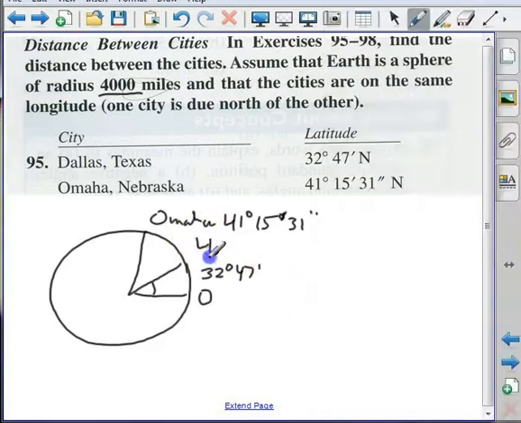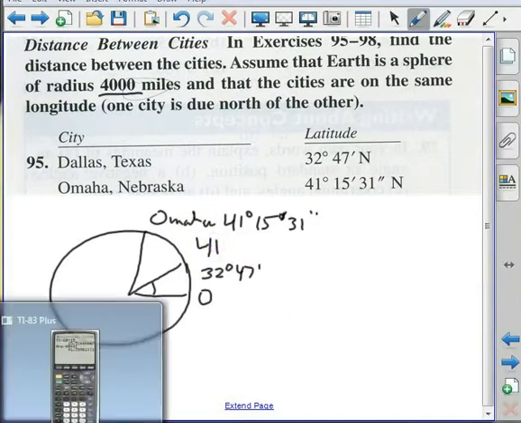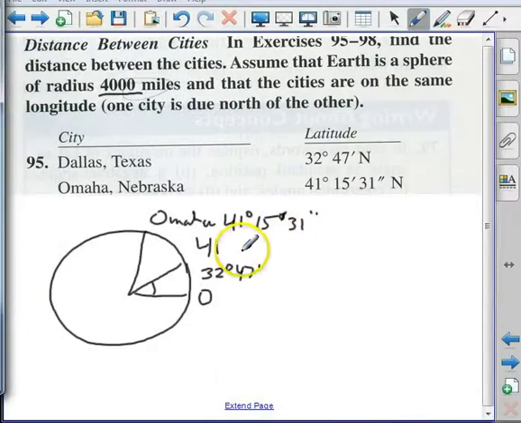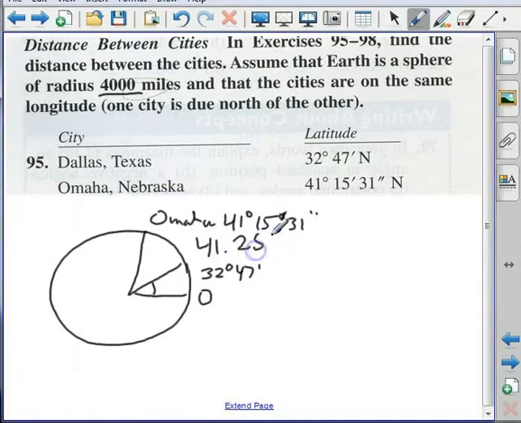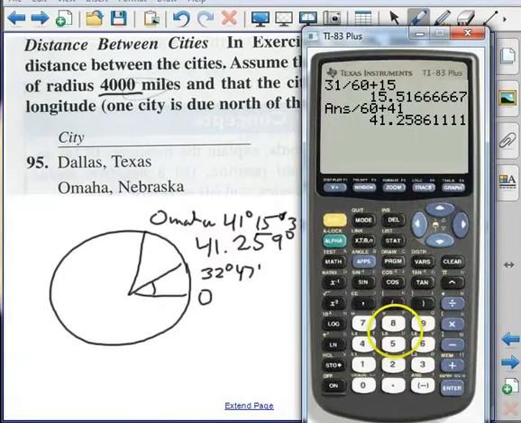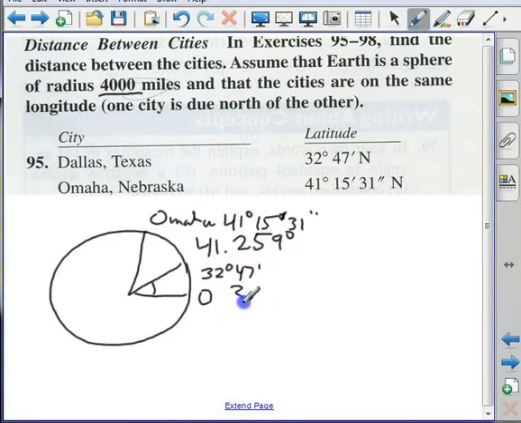And that is 41.259 degrees. 32 degrees 47 minutes is 47 divided by 60 plus 32. That's 32.783.